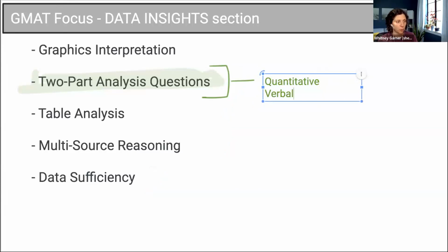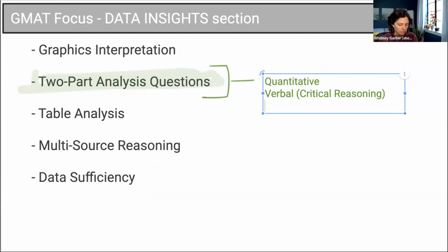There's also verbal, which is more like critical reasoning than like a reading comp, but these are going to be a little bit more like critical reasoning. Or we've got logic, which really doesn't appear anywhere else on the exam. And so it's kind of puzzly and kind of figuring out orders.